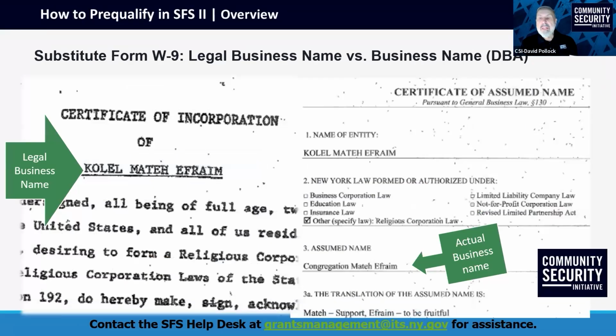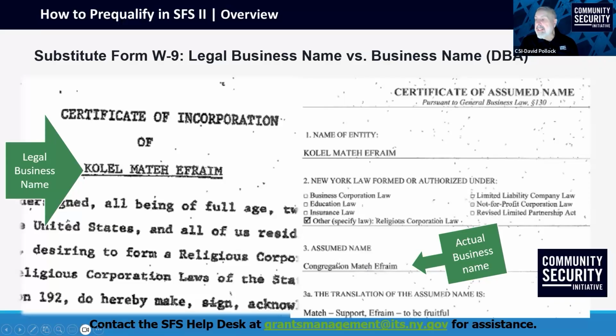Remember, I said you might have a legal business name and an actual business name, but you need what's called a certificate of assumed name. Most people don't have this, but here is an example of an organization that was incorporated using a Hebrew term, and they assumed a name using an English term.